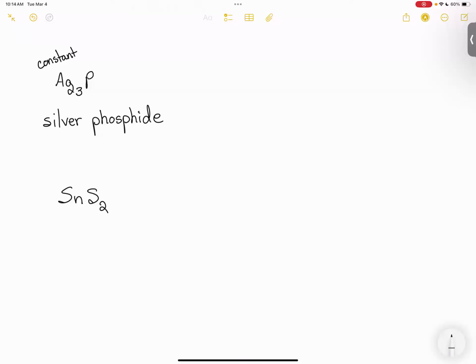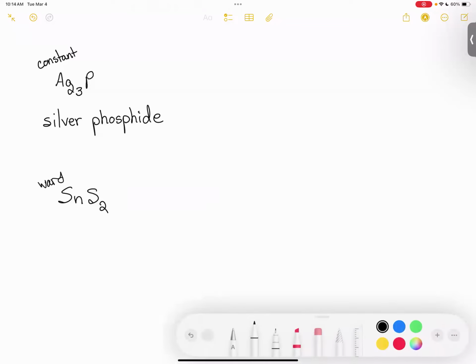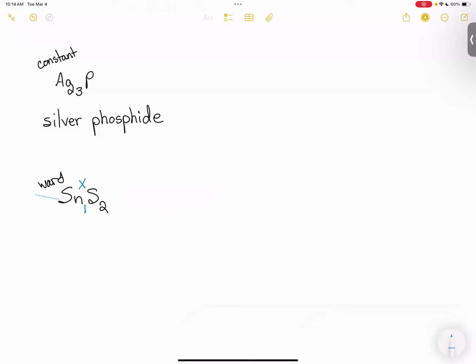Tin's charge varies. So we're going to set up an equation. There is one tin whose charge we do not know. There are two sulfurs, and what is sulfur's charge as an anion? A -2. So we can set up an equation.